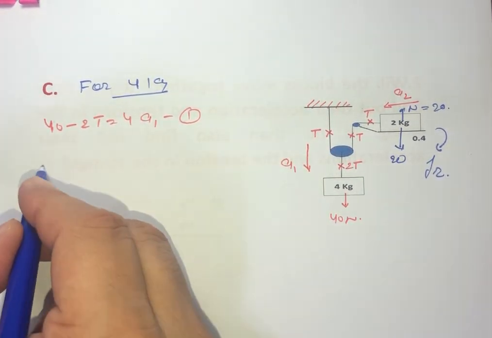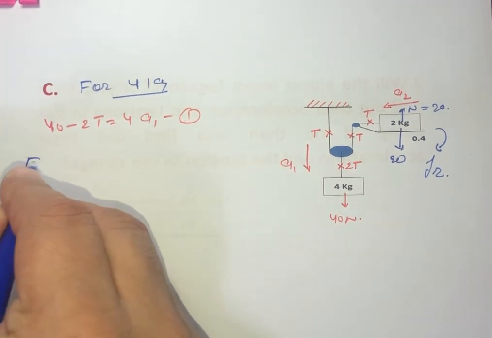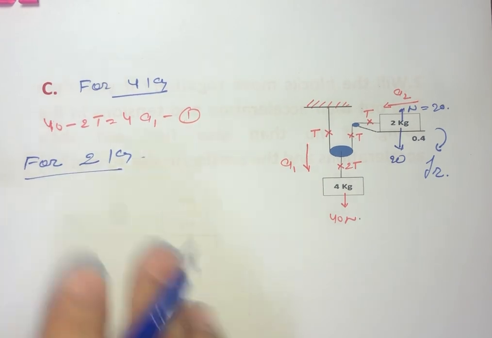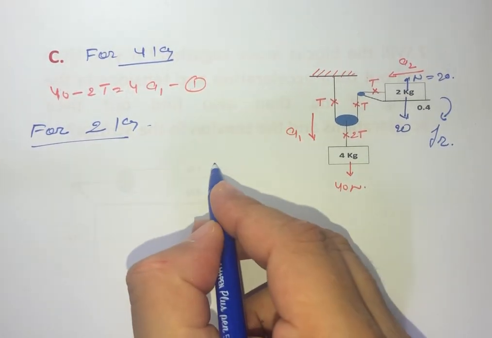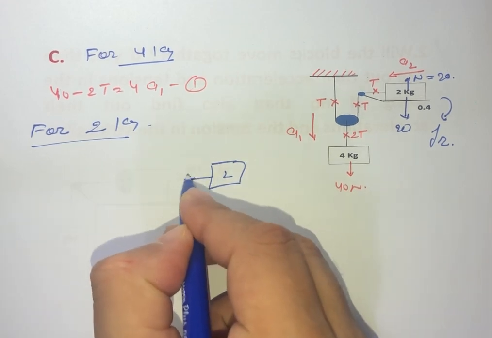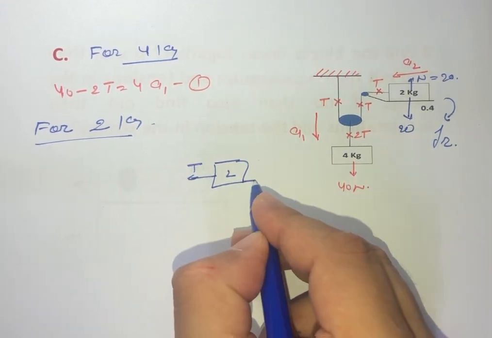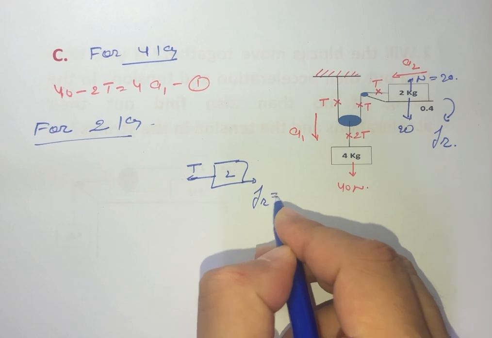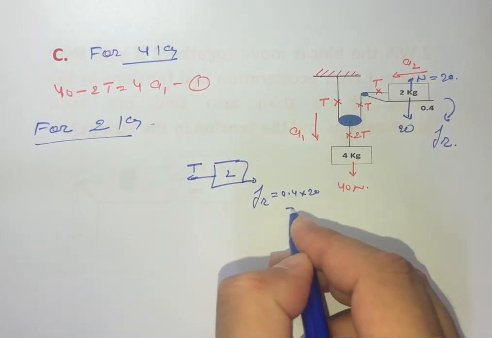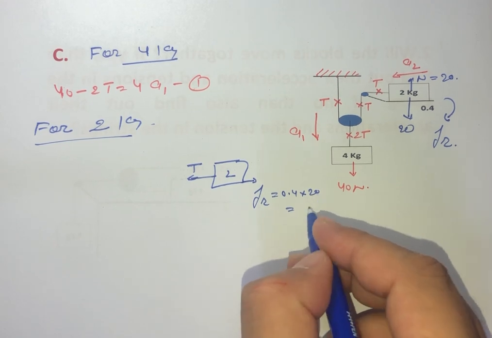Now for 2 kg, you can draw it here. This is 2, we have a tension T, and there is a friction Fr which will be equal to 0.4 into 20, which will be our 8 Newton.